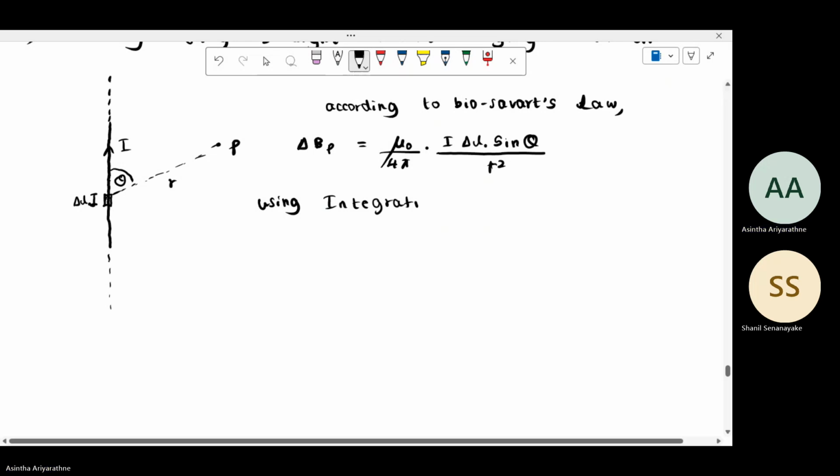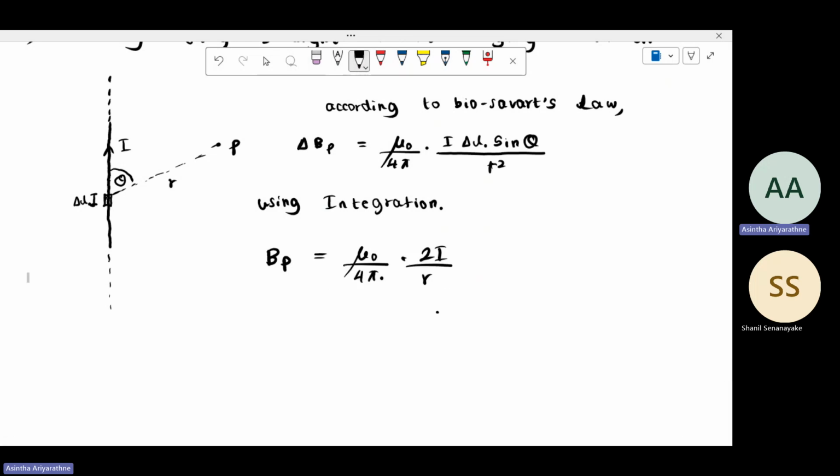It would be found that the total magnetic flux density at point P is mu naught over 4 pi times 2I over r, not r square, r.